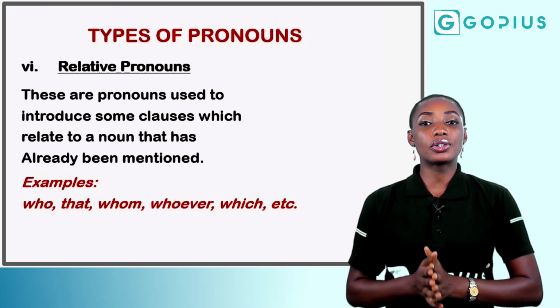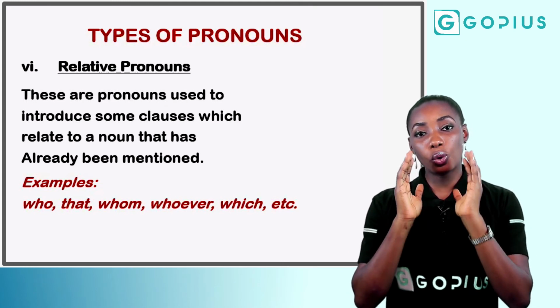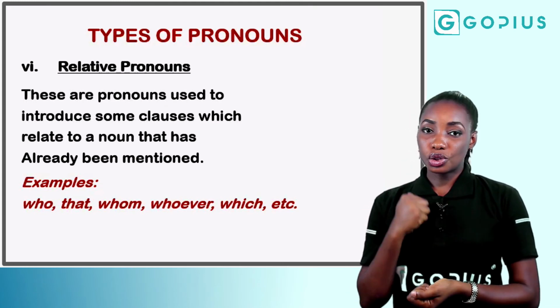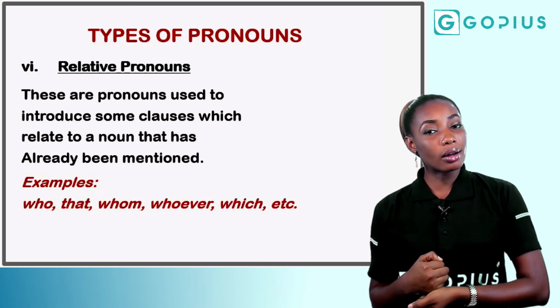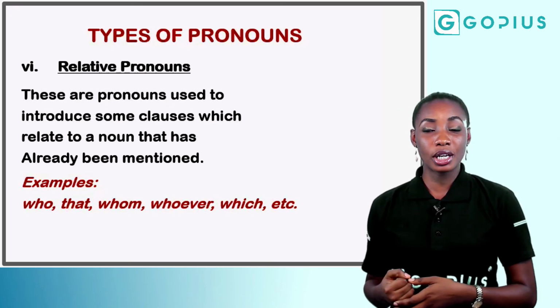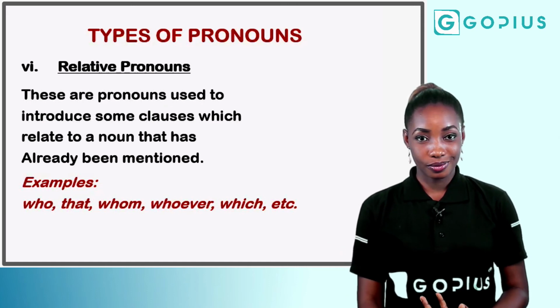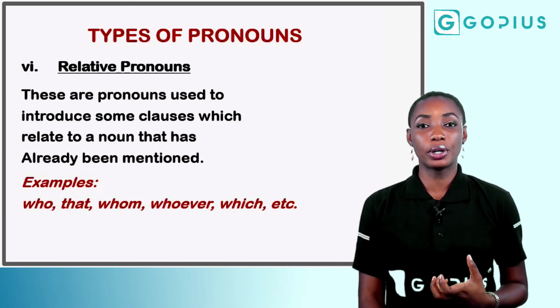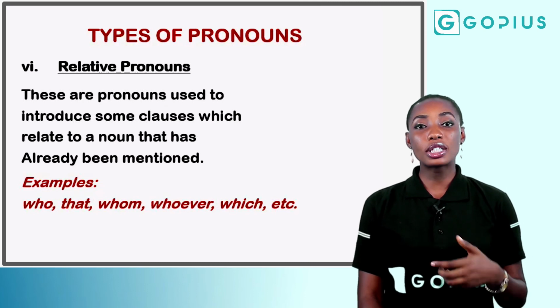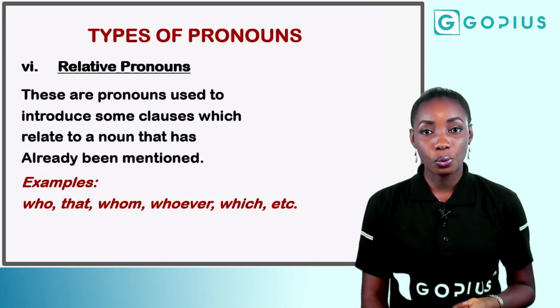So we're trying to talk about the boy and we had to use the word whose to give us more information about the boy. The boy whose father died yesterday is around. So that is the relative pronoun. The words whose, what, that, whom, whoever, which.